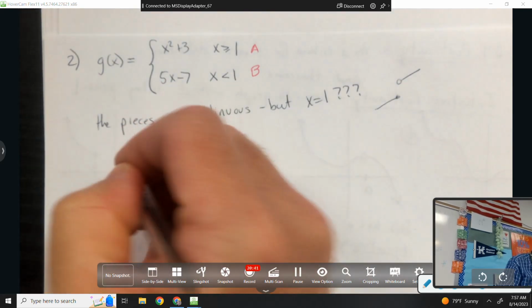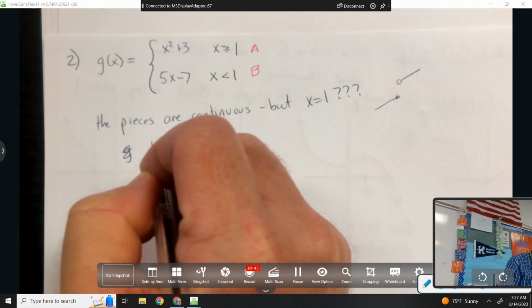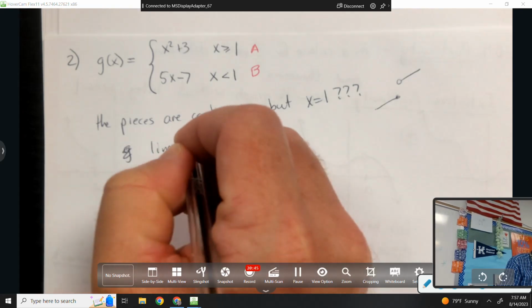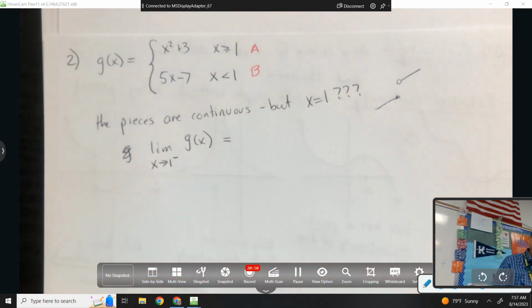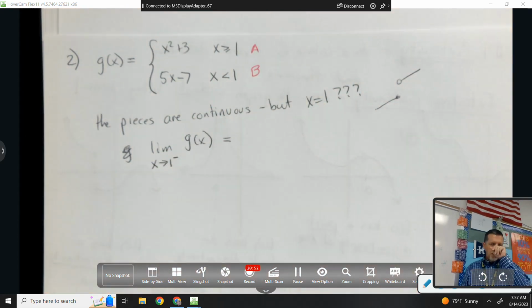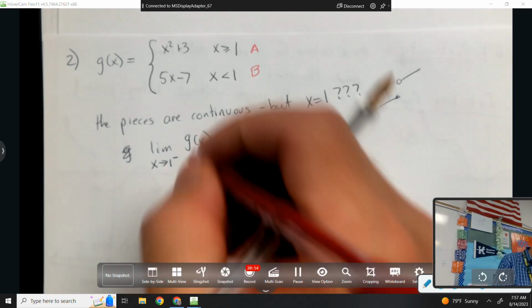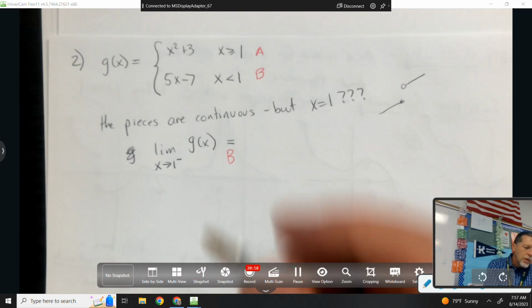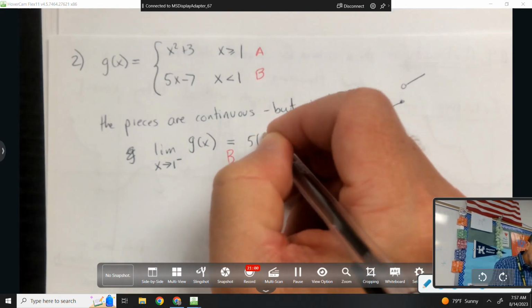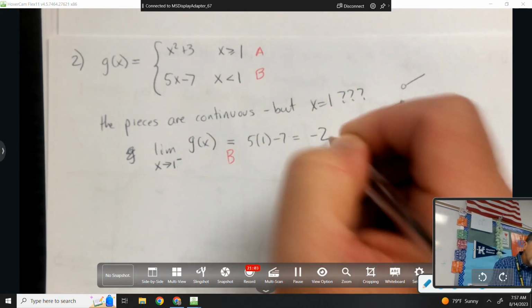Let's use the official words here. What we're doing is the limit as x approaches 1 from the left, so that would be part B, because if we're a little less than 1, we're on part B. So that would be -2.